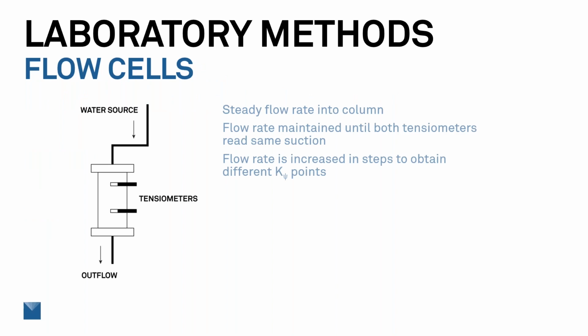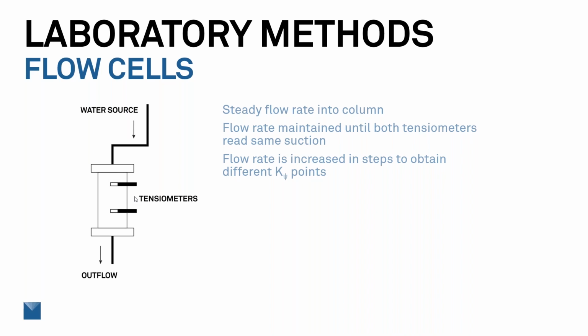With flow cells or Tempe cells, it's a very similar setup to what we saw for the flow cells for measuring saturated hydraulic conductivity. But one of the main differences is that we actually have to embed 2 tensiometers into the core to measure the water potential directly in the soil core as we're infiltrating water through the sample.